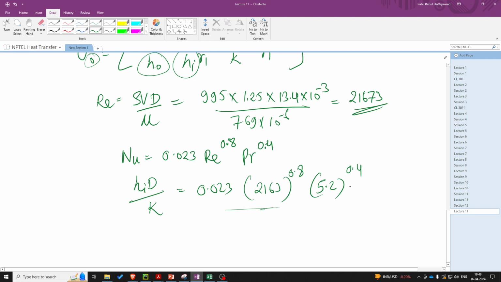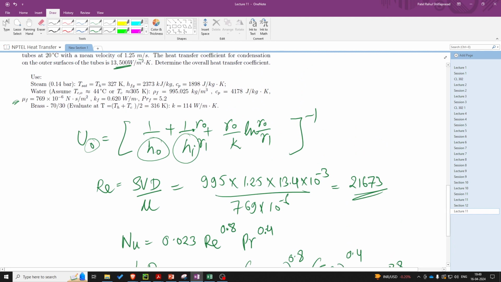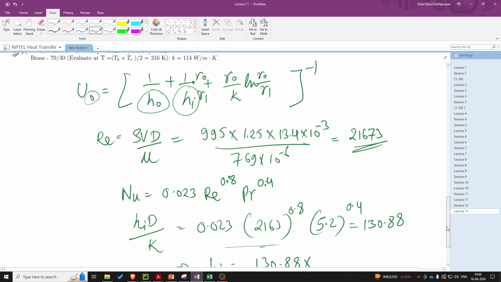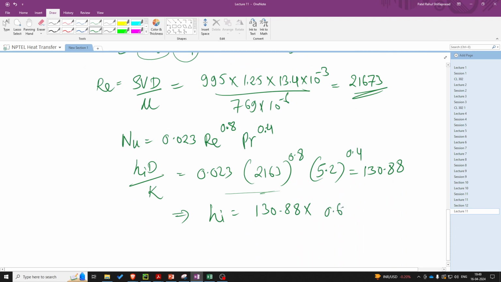This term should come around 130.88. From here, you can calculate the value of Hi as 130.88 into K, which is 0.620, upon the inner diameter 13.4 into 10 raised to minus 3.